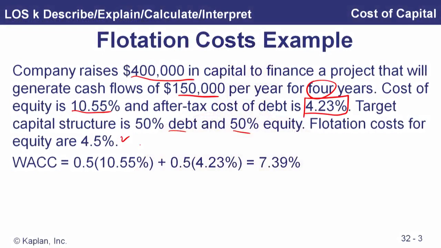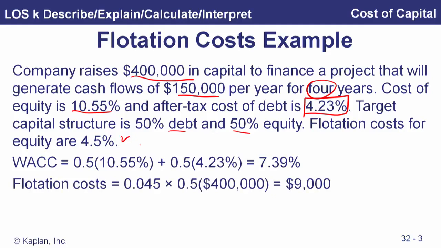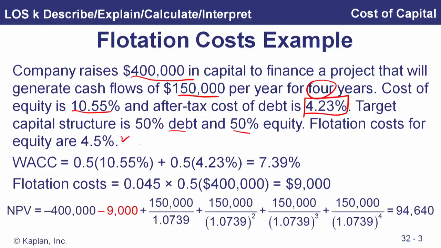So there's our WACC. Our weights are 50-50, and we've got our costs of capital. So our weighted average cost of capital is 7.39. We're not going to adjust that for flotation costs. What we're going to adjust is that initial cash outflow. So we're raising half of that $400,000, issuing equity at a 4.5% cost of raising that equity. That's $9,000.